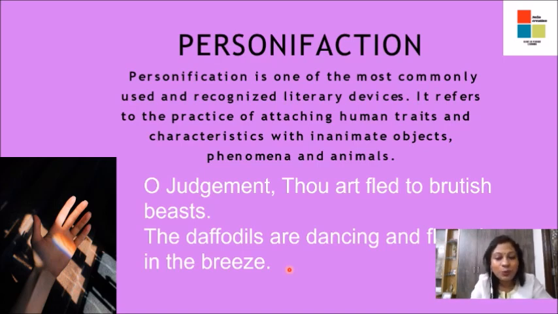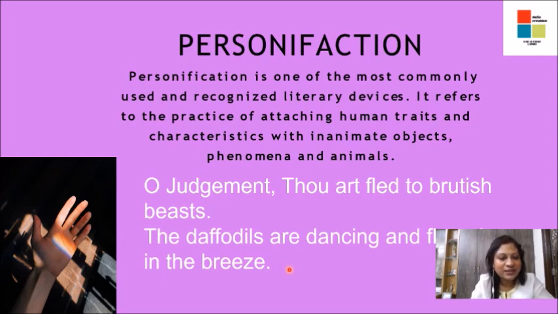Because of the way they are swaying from one side to the other. So the quality of dancing and fluttering is very similar to that of a human being. That is the reason Wordsworth has mentioned in his poem that the daffodils are dancing and fluttering in the breeze, just like human beings, because dancing is a quality which is common to human beings.